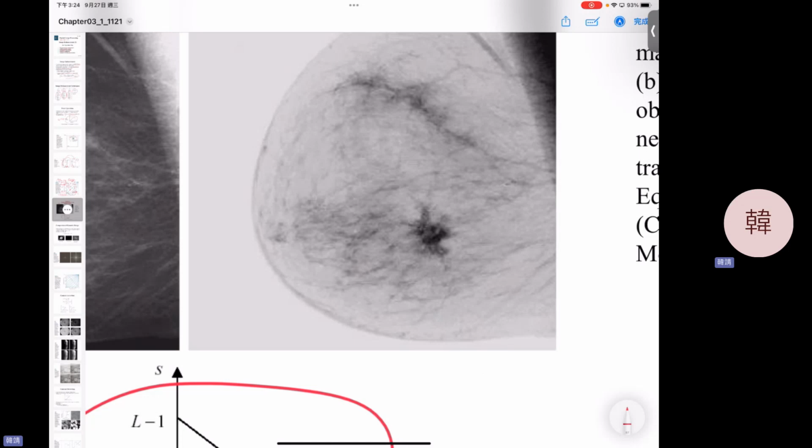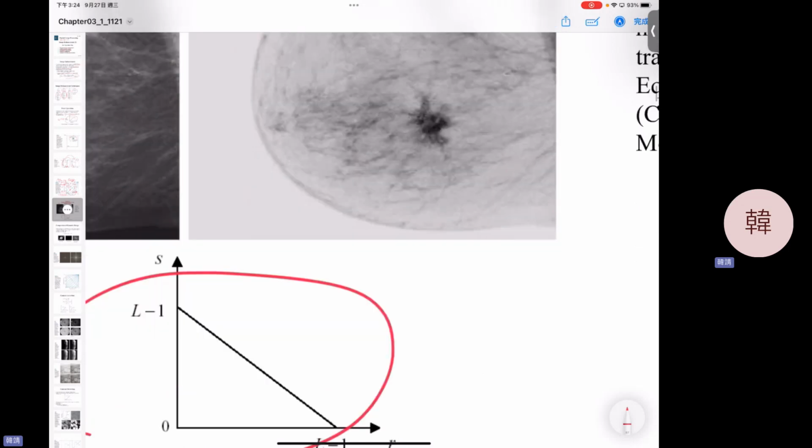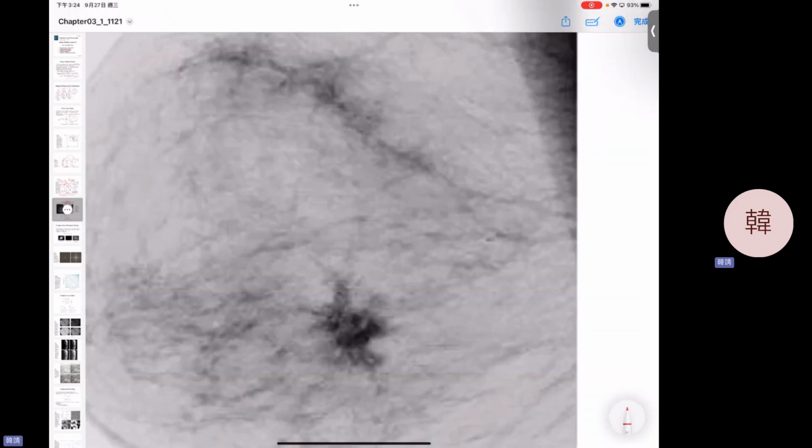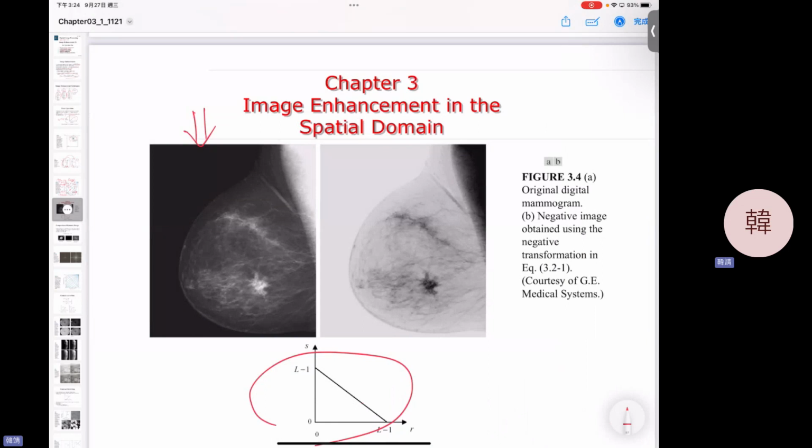So it's much clearer. It's just a very simple linear transformation: change your background and enhance what you want to look at. This is the negative image obtained using the negative transformation. As mentioned, you just take s equals L minus 1 minus r to get this result.